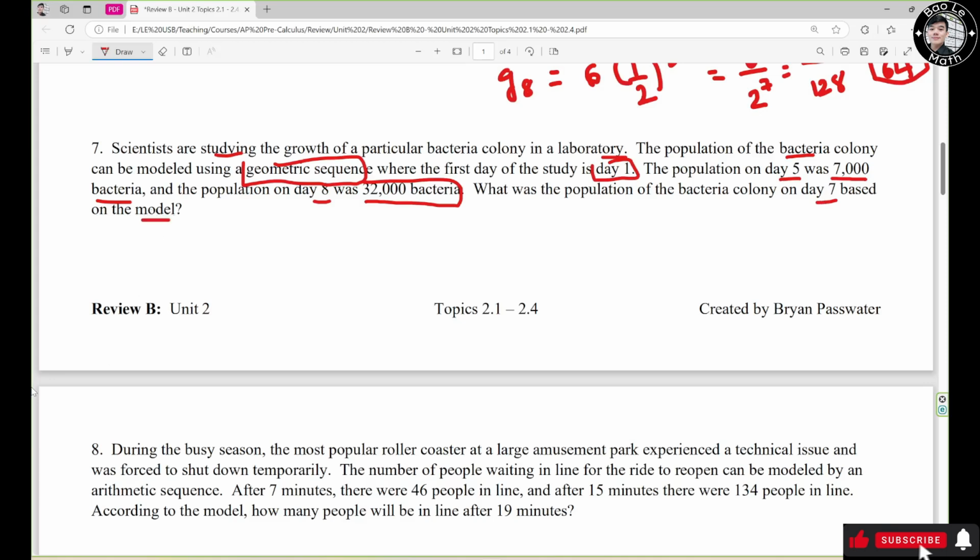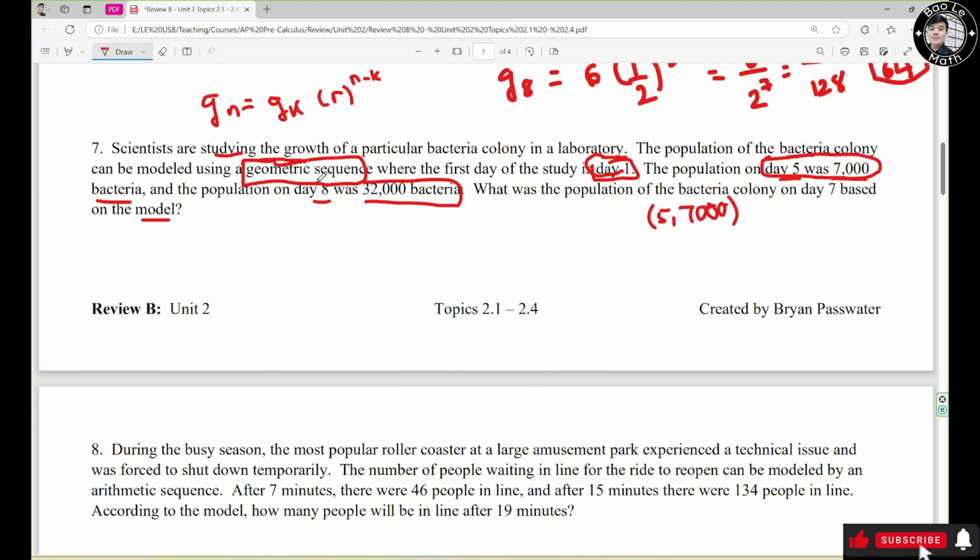Alright, so here's the key information. This is a geometric sequence, right? So we have g sub n equals g sub k times the common ratio raised to the n minus k, right? Now the k term means the fifth day right here, 5, 7,000, right?